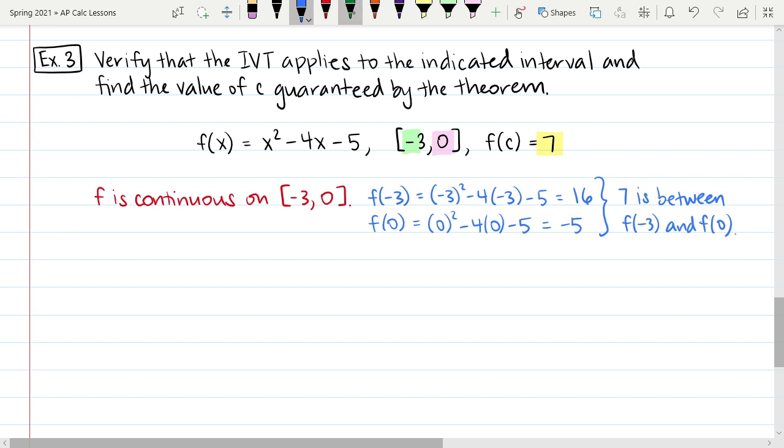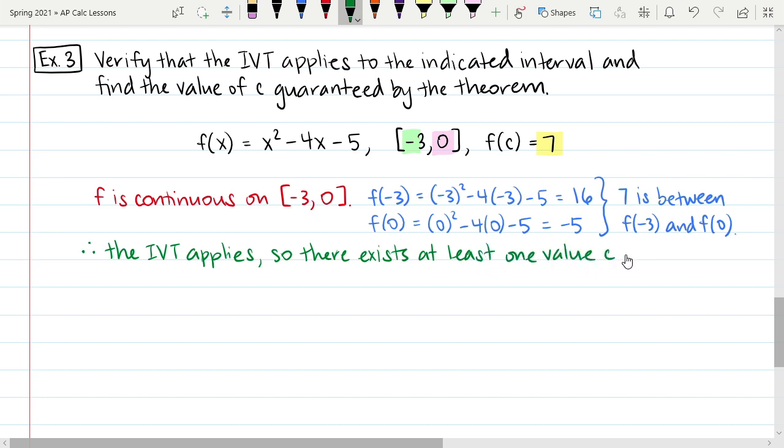So therefore, the IVT applies. So there exists at least one value C in the closed interval [-3, 0] such that f of C equals 7.